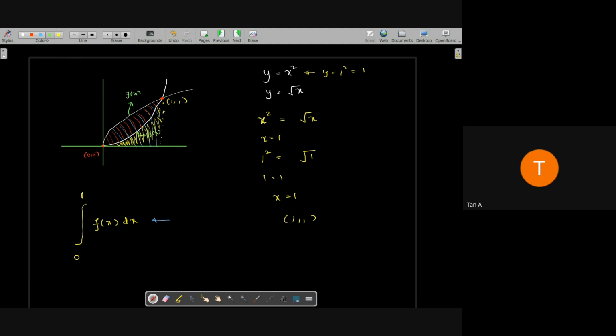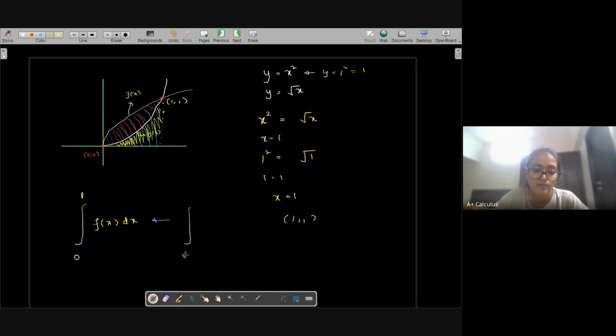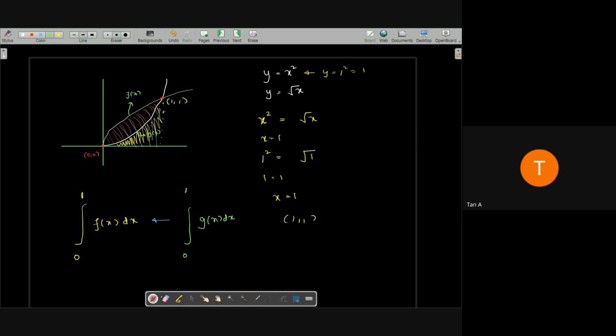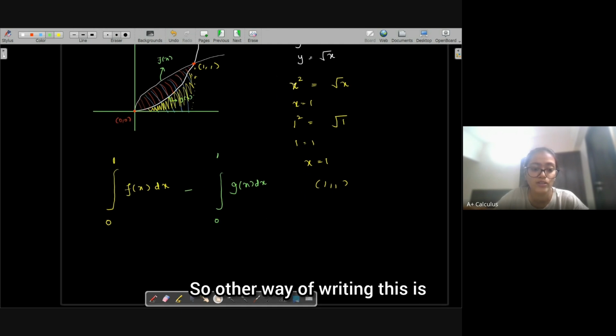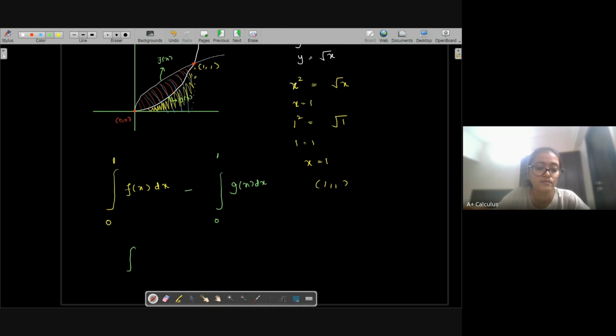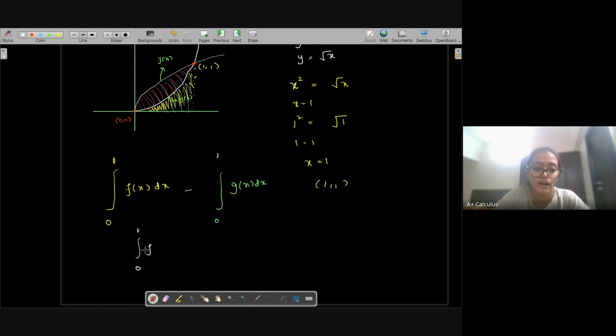So the yellow portion will be the integral from 0 to 1 of g of x dx. And you subtract that, and then you subtract both the areas. So another way of writing this is, you can combine the integral: 0 to 1, f of x minus g of x dx.